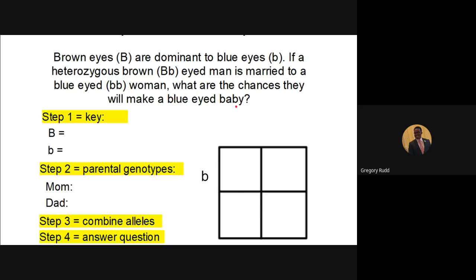All right, so we need to do a cross between this heterozygous brown-eyed man and a blue-eyed woman. So step one is to make your key. The capital B, of course, represents brown. The lowercase b, as it says in the first sentence of the question, represents blue.